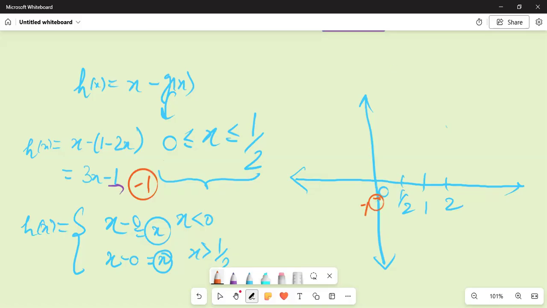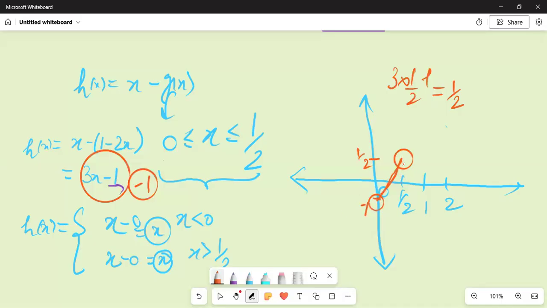And at half, it is 3 into half minus 1, which is half. So at half, it is half. This is a linear function, so the graph will be a straight line. Since you have 2 points, you can join them easily. Sorry, I'm not able to draw it perfectly, but this is a straight line joining minus 1 and half.